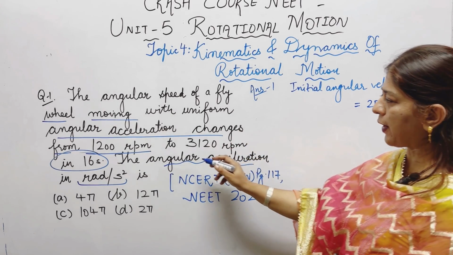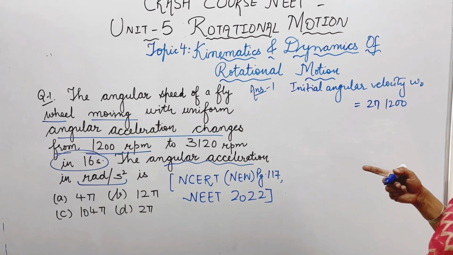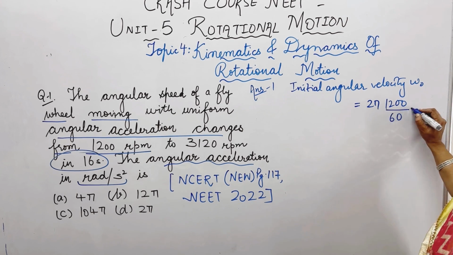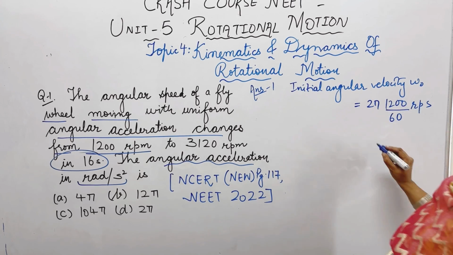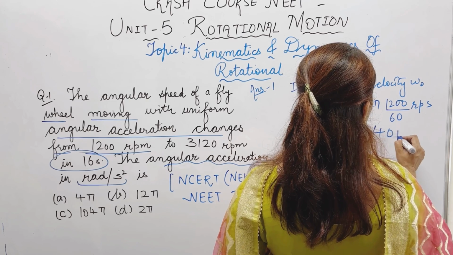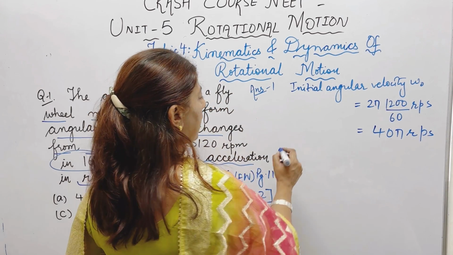So we have to find out the angular acceleration in radian per second square. So we'll change this rpm into rps, so we'll divide by 60. These are the rounds per second now, and on solving it, we have 40 pi rps.